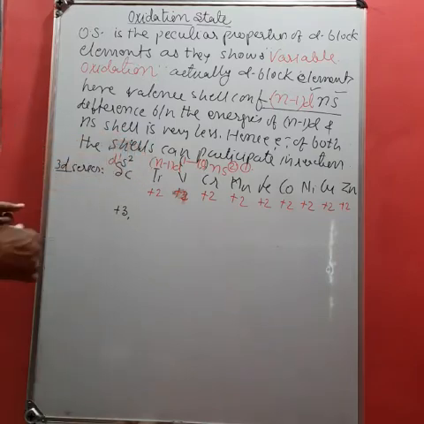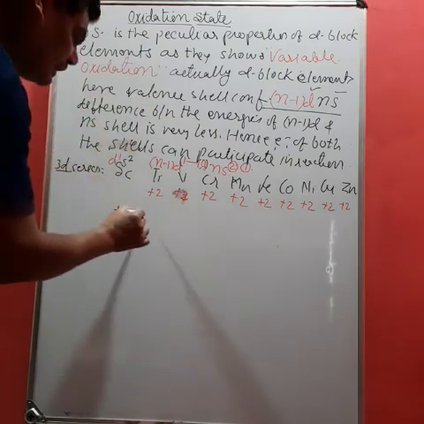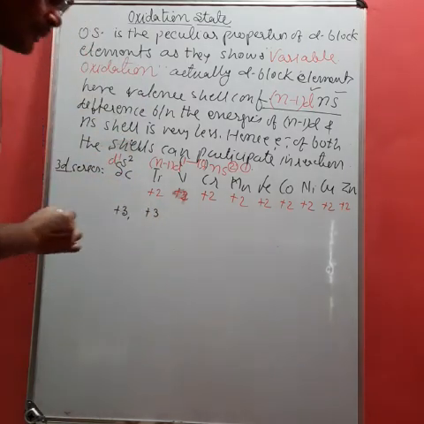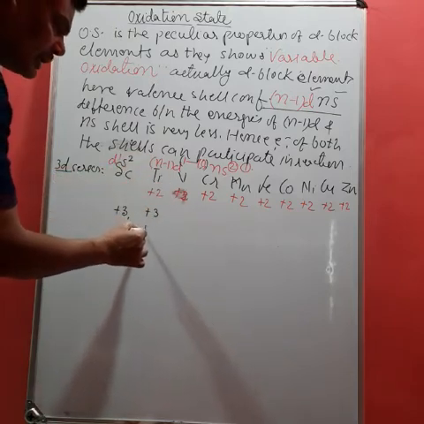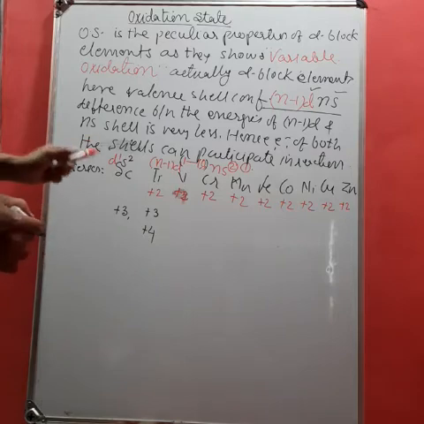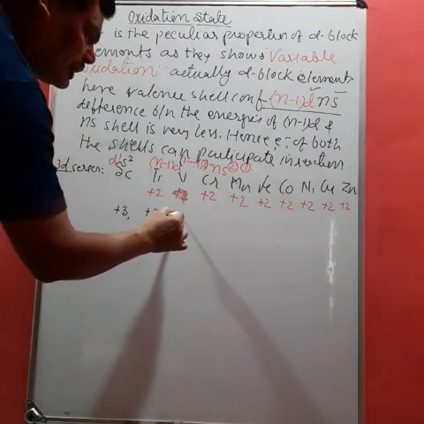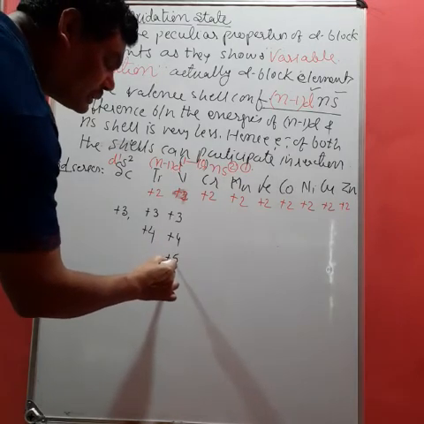While in the case of titanium, if d orbital electron participates, then it will show +3, isn't it? But there is d2 configuration, therefore it can also show one more state, +4. Like vanadium, it can show +3 as well as +4 as well as +5.